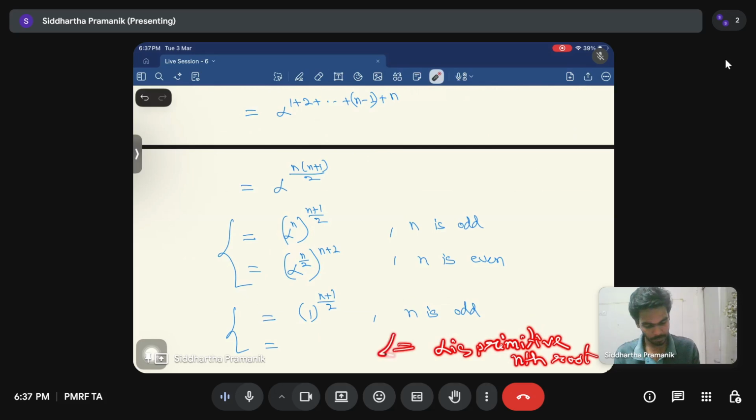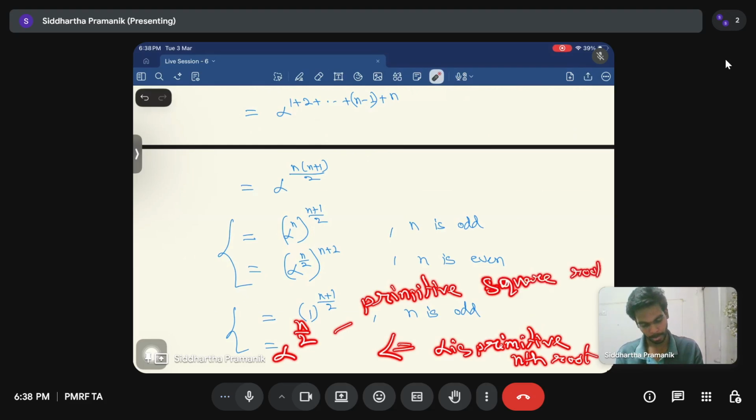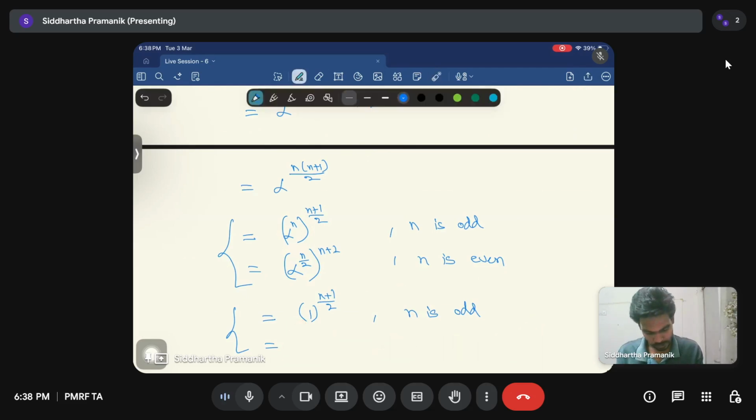So it will imply alpha power n by 2 is a primitive square root. And what is the primitive square root? Which is minus 1. So this is just minus 1 power n plus 1 when n is even.